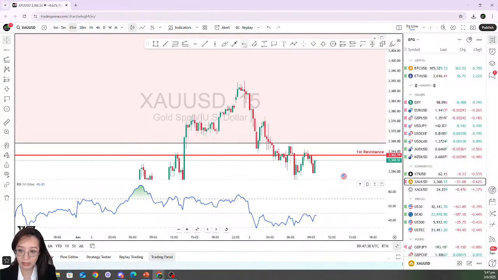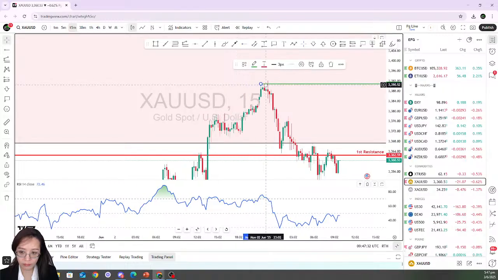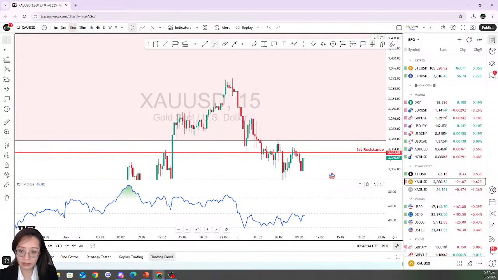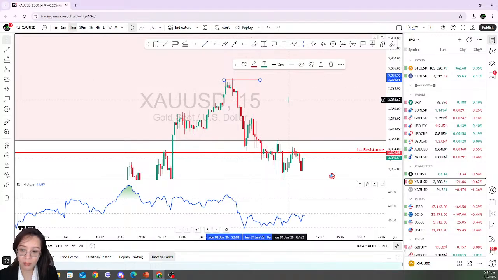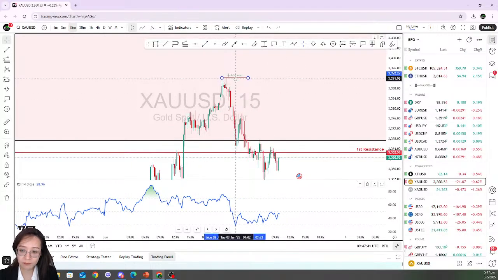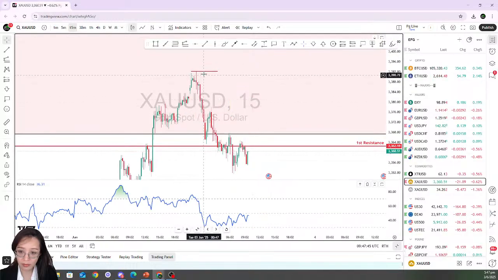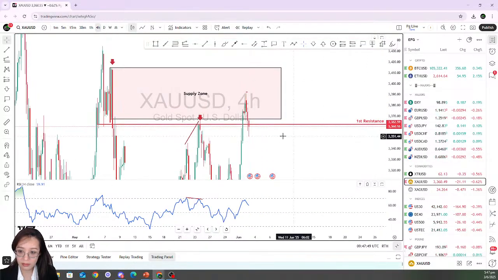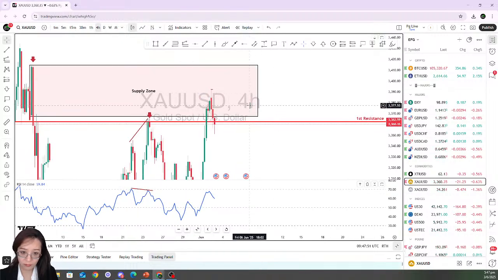Either you call it a resistance level, or somebody doesn't want price to go above 33.62, and then price is falling. Okay, so these are supply, right? That's why you sell here based on the H4 time frame.